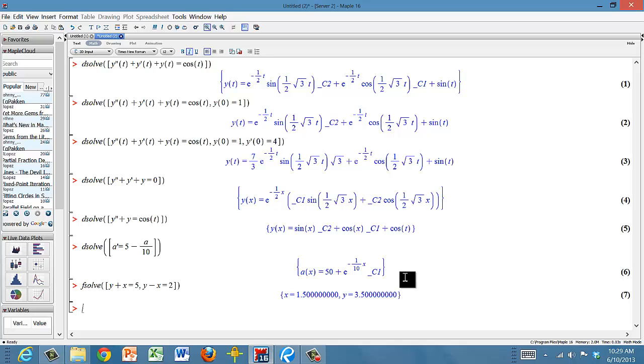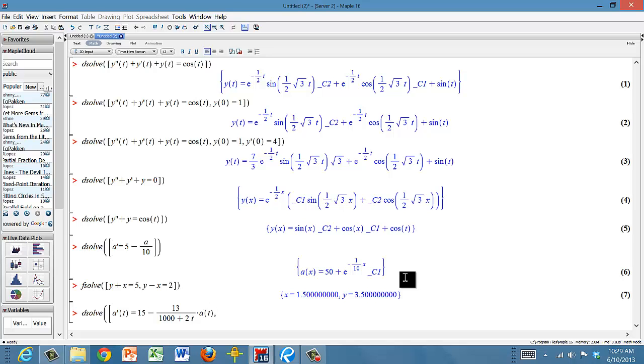We'll pull up Maple. We want to dsolve A prime of t equals 15 minus 13 over 1,000 plus 2t times A of t.